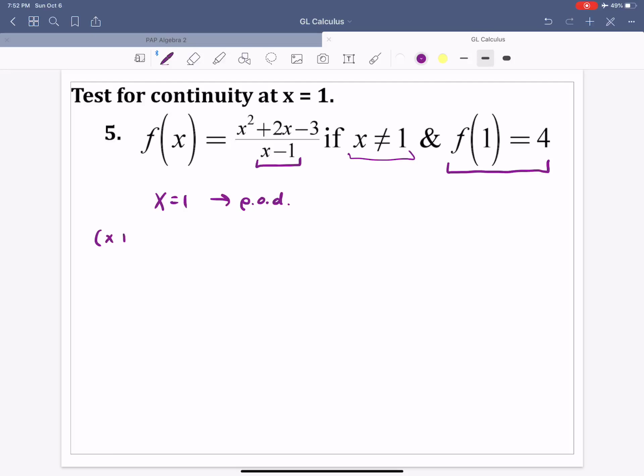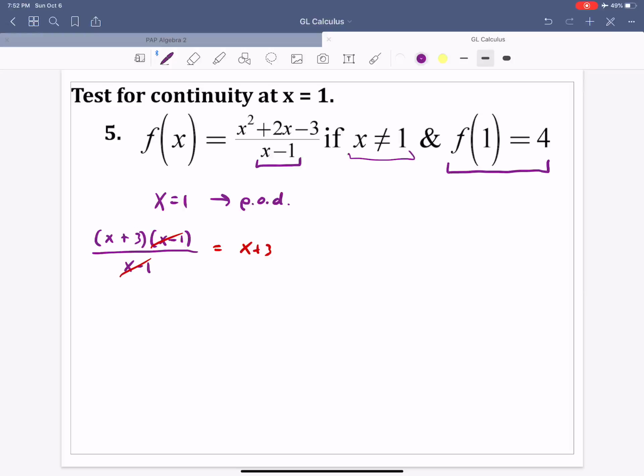So we've got x plus 3 times x minus 1 on the top, and then x minus 1 in our denominator. So the x minus 1 on the top and the x minus 1 on the bottom cancel out. So what we have left over is x plus 3.